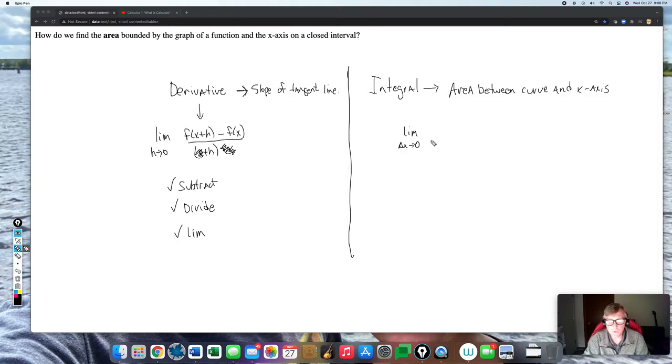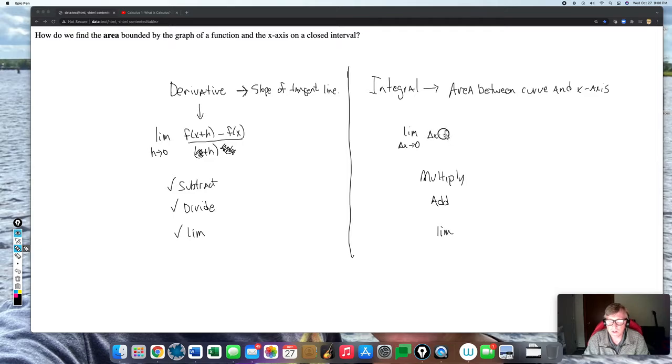But what we're going to do is take the limit, and instead of subtracting and dividing, you're going to be multiplying first and then adding, and then take the limit. So let me explain what that is. You're going to find two things. You're going to find an x value, a delta x value, right?